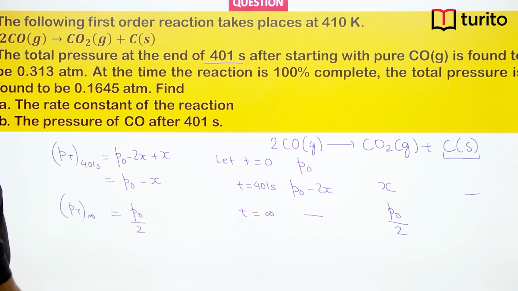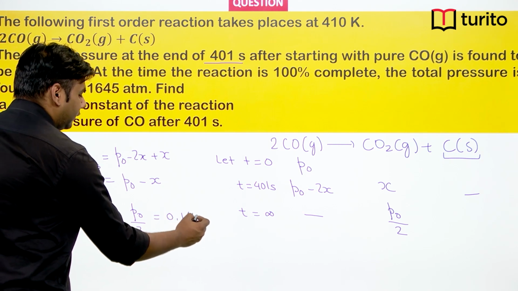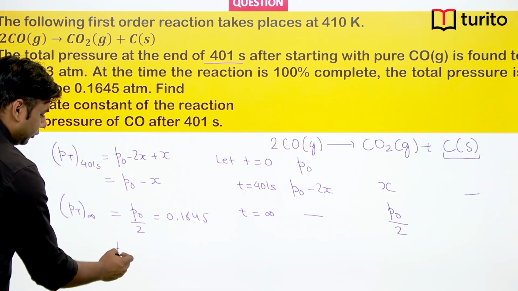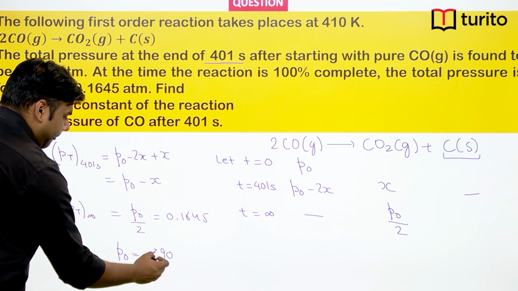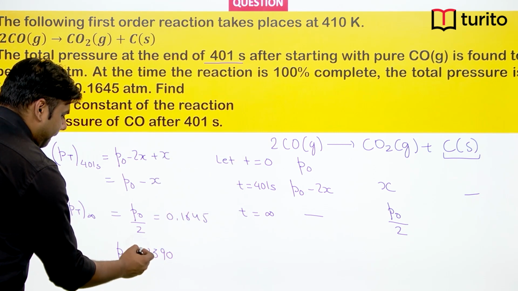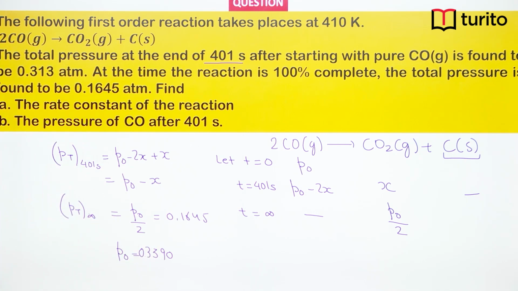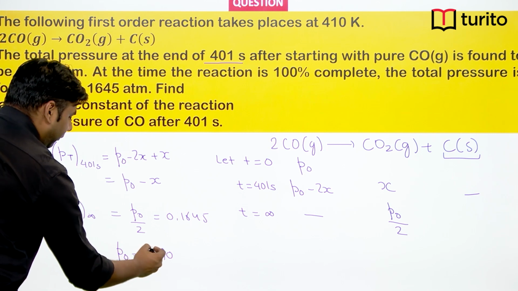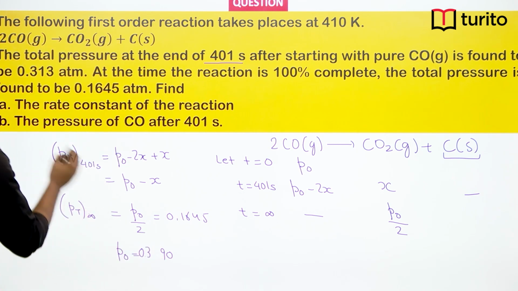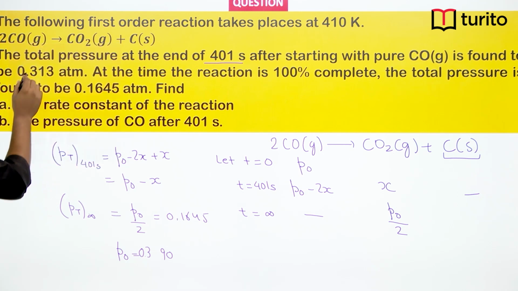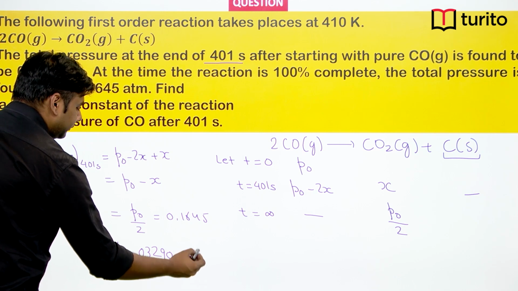We have been given that the value of P naught by 2 is 0.1645. So P naught over here would be 0.3290 atm.